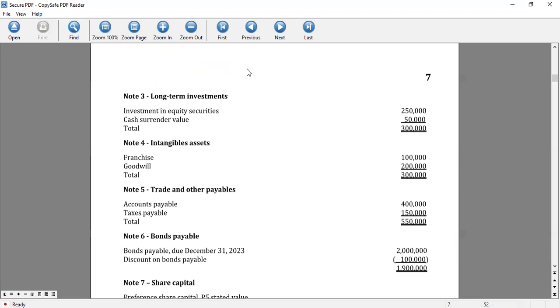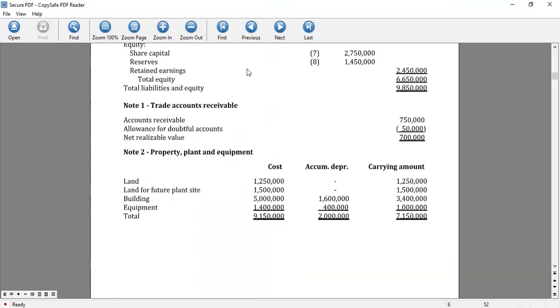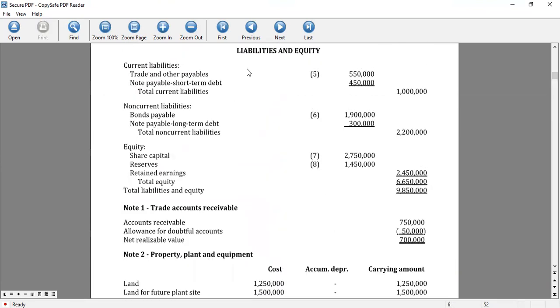Taxes payable of 150,000 and appropriation for contingencies 200,000. So actually our trade and other payables total of 400,000 only, and taxes payable of 150,000. Now these are included in trade and other payables.